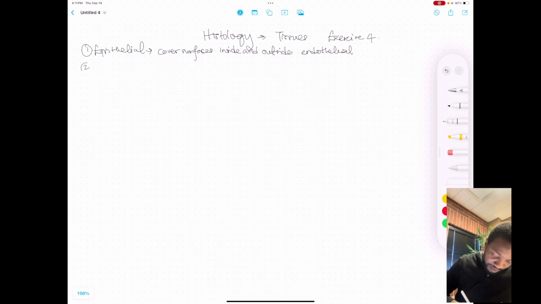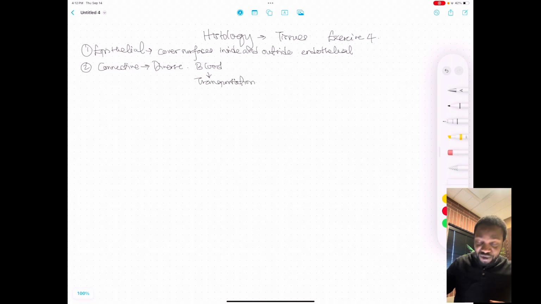The next group is connective tissue. Connective tissues are the most diverse, and they have a lot of functions. For instance, blood is a connective tissue, and this is useful in transportation and fighting infection, right? Transportation of nutrients and oxygen, and in immunity. Then we have bone. Bone is for structure, bone and cartilage.